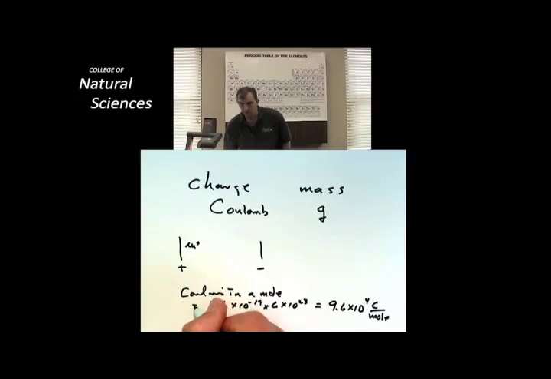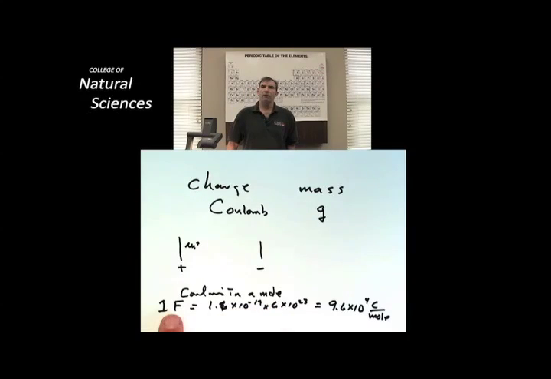We give a special name to a mole of charge, and that special name is the Faraday. And it's named after the guy who's identified as the father of modern electrochemistry. So when I talk about having a Faraday of charge, I'm talking about having about 9.6 times 10 to the 4th coulombs of charge available to me in a mole of material.